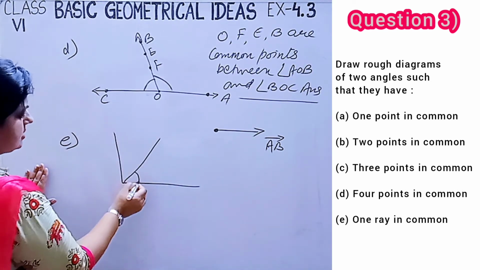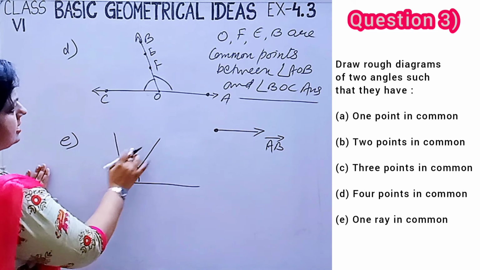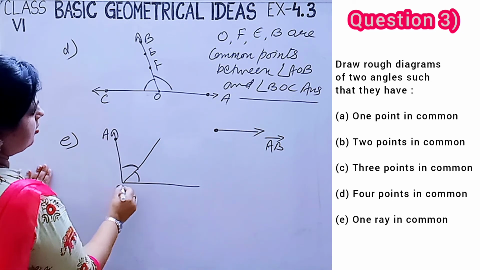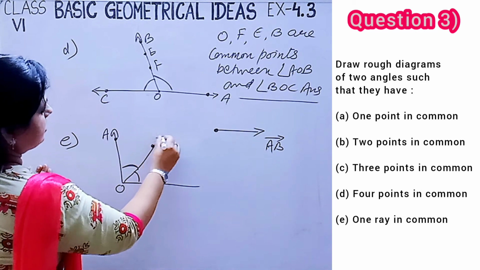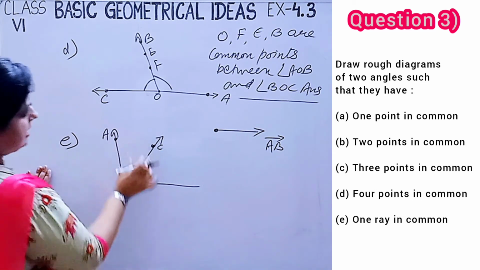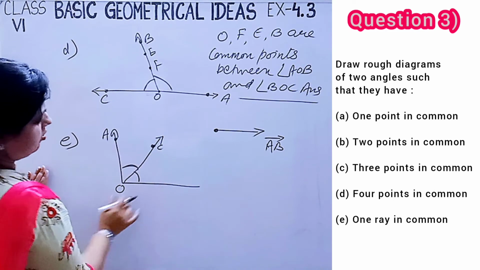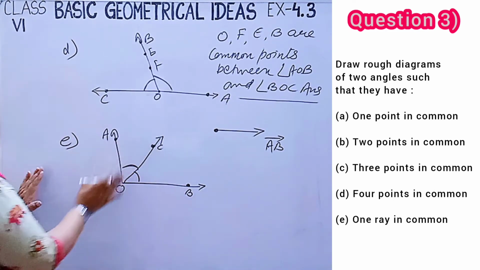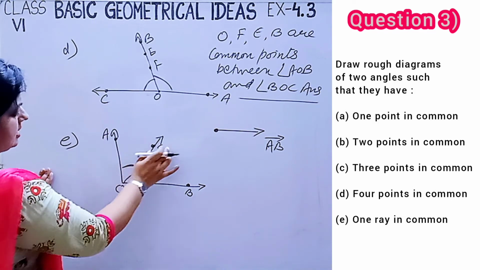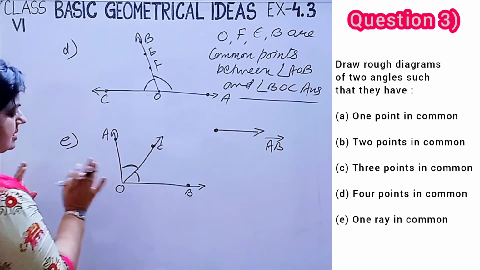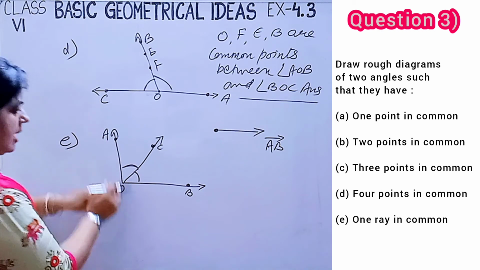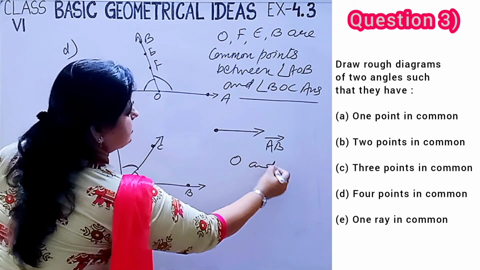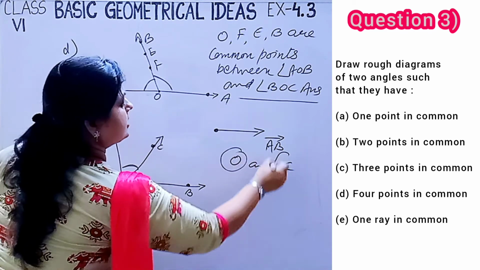Two angles. First angle, second angle. So A, O and C. We have the first angle, and the second angle, C, O, B. So we are giving the names here. Now this is OC. If I write O and C in this way, it means these are points.